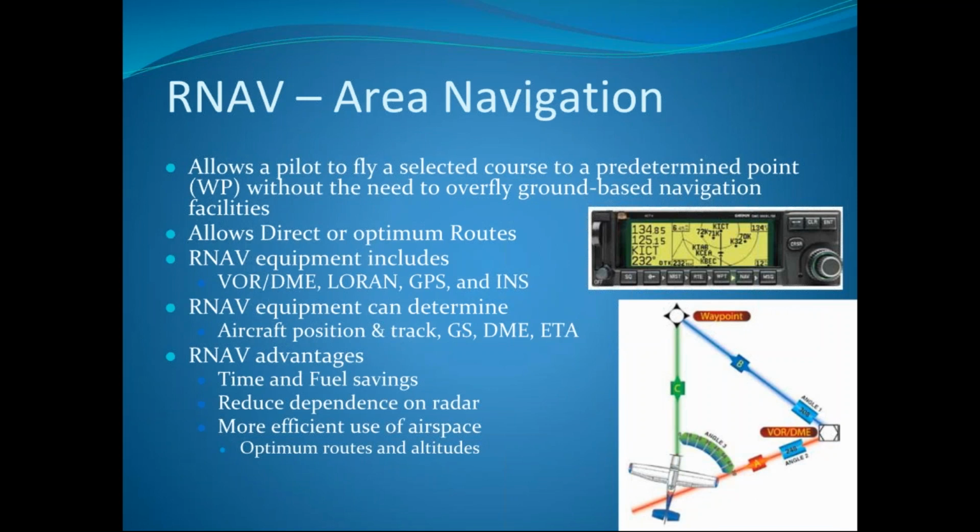It can also determine our ground speed, the distance measuring equipment, so it can give us distance to these different waypoints. And then unlike any of the ground-based navigation, it can also provide us an ETA, or estimated time of arrival to that waypoint. So a lot better and a lot more efficient.